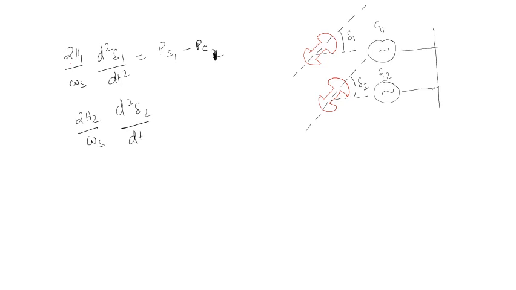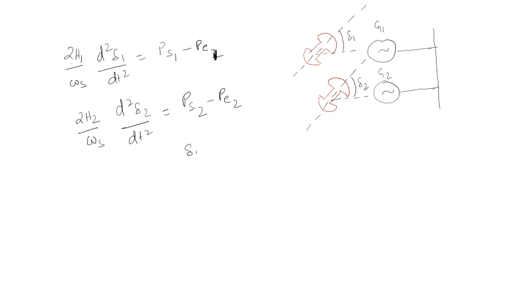If you put for these two, 2H1 upon omega s d square delta 1 upon dt square equals Ps1 minus Pe1, and 2H2 upon omega s d square delta 2 upon dt square equals Ps2 minus Pe2.